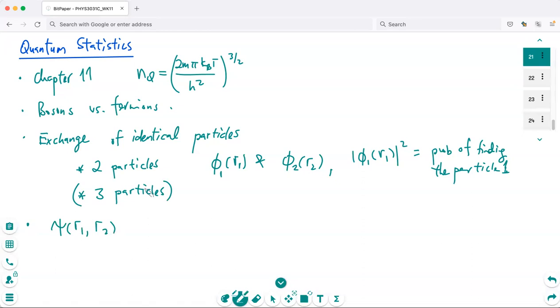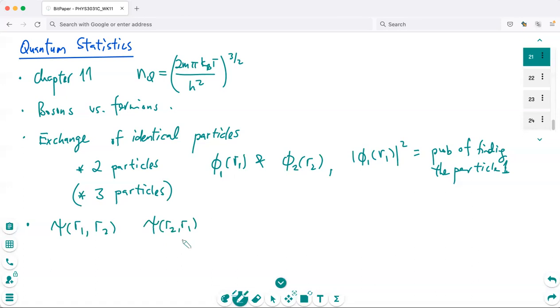And now, what if I swap the coordinates of the two particles? Then I will get another wave function like this, right? I will get R2, R1. So this is interchanging the generalized coordinates of the two particles.